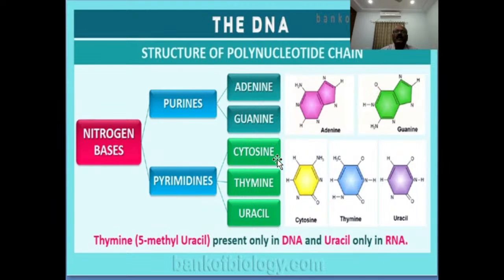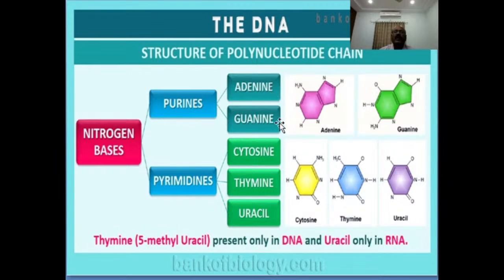So, adenine, guanine, cytosine, these 3 nitrogen bases are common to both DNA and RNA. Thymine, also called 5-methyl uracil, is present only in DNA and uracil only in RNA.